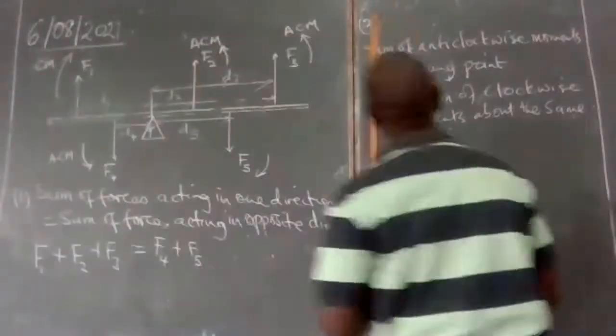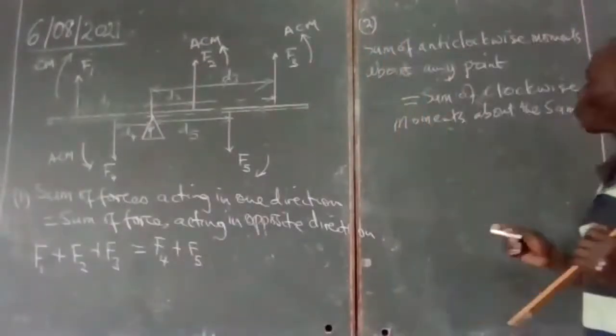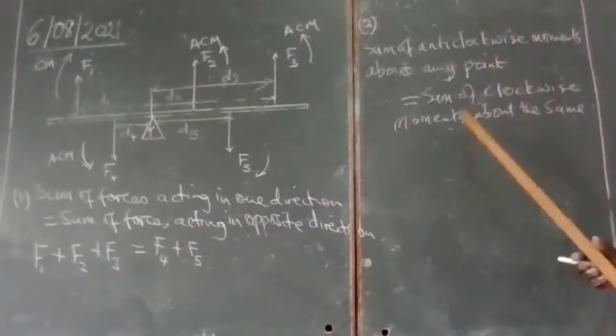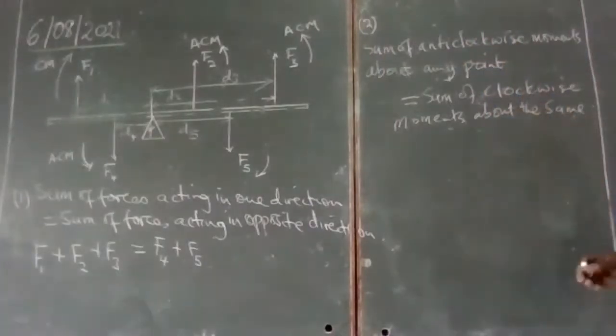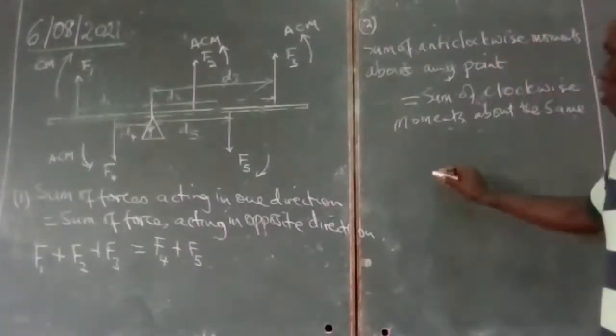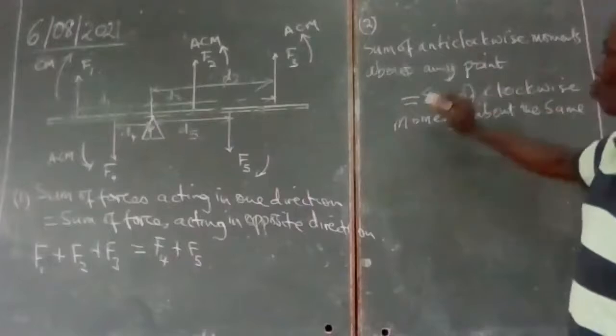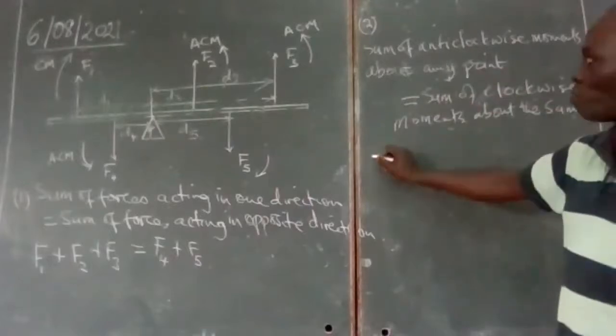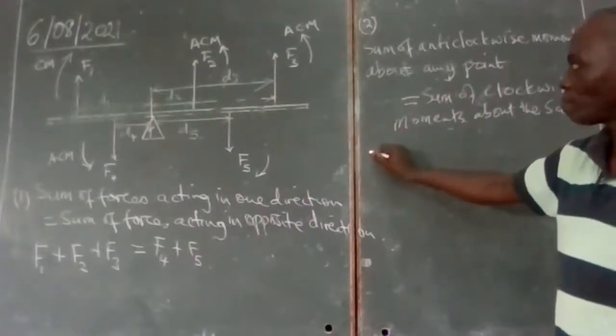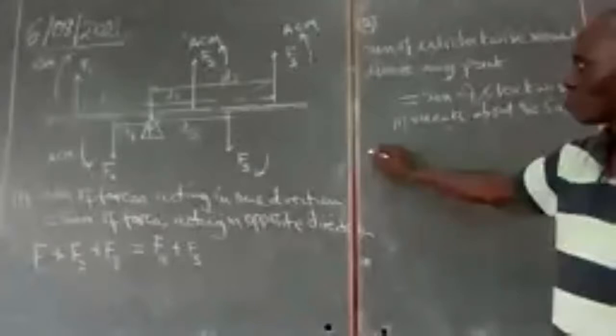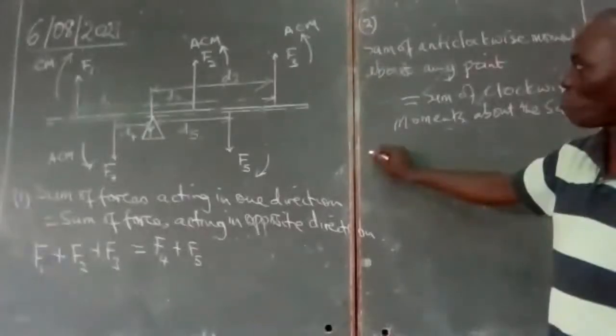Now, this condition, how do we use it? We say the sum of anticlockwise moments about a point is equal to the sum of clockwise moments about the same point. So can you name the anticlockwise moments and put them this side? What is the first anticlockwise moment?